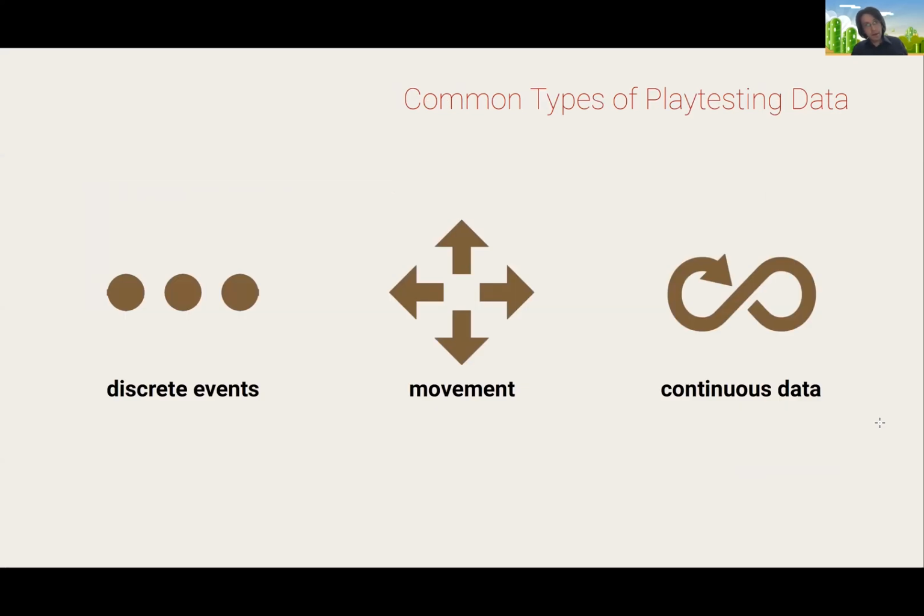So I already mentioned it a little bit earlier. We have quite a lot of different sources and types of playtesting data. But for the purpose of this talk, I would like to group them into three main categories. The first one would be discrete events.